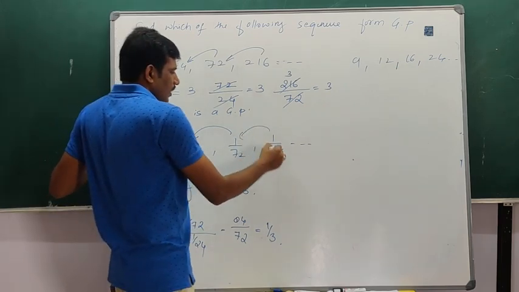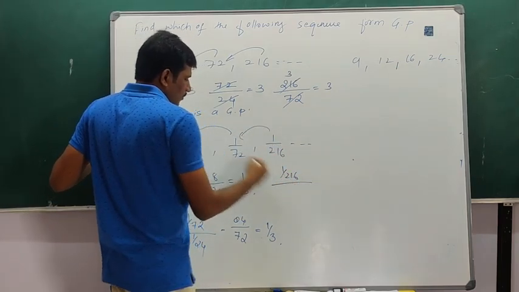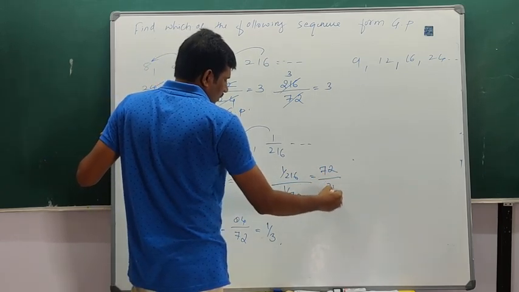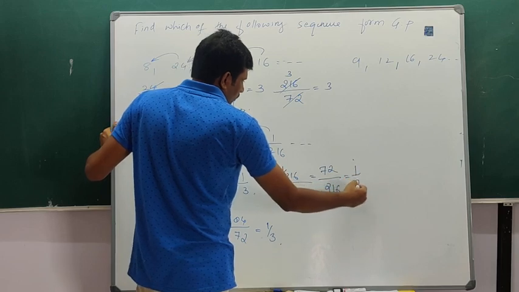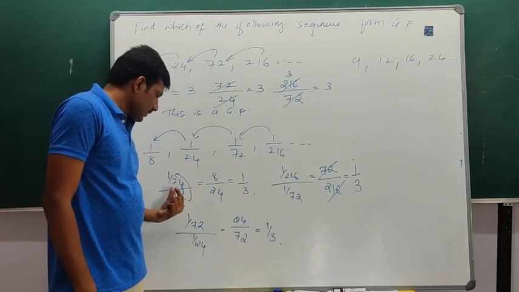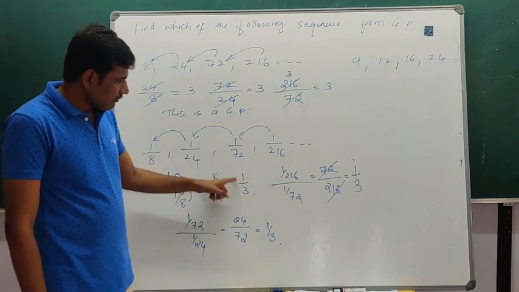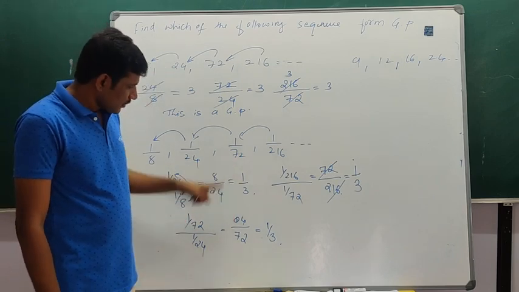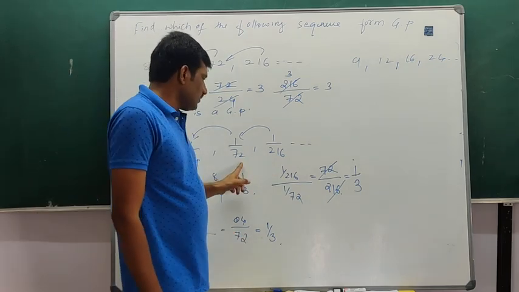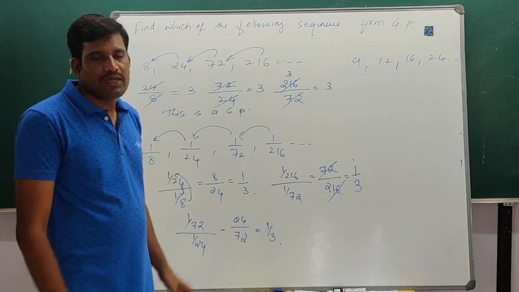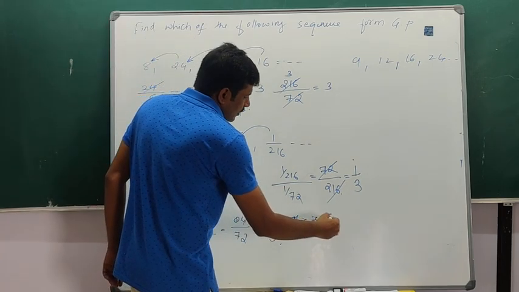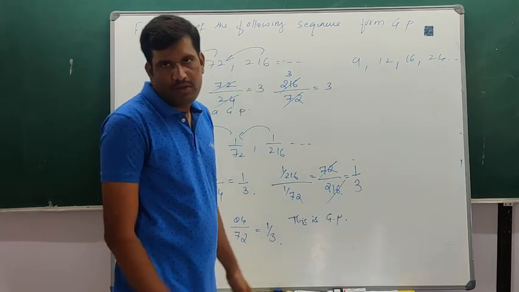Next, it is 1 by 216 divided by 1 by 72. So that is 72 divided by 216, which is also 1 by 3. So we can see that the second term divided by the first term is 1 by 3, the third term divided by the second term is also 1 by 3, and the fourth term divided by the third term is also 1 by 3. If the common ratio is the same, then we can say that this is a GP, that is, a geometric progression.